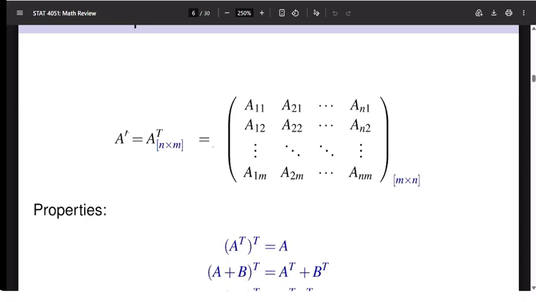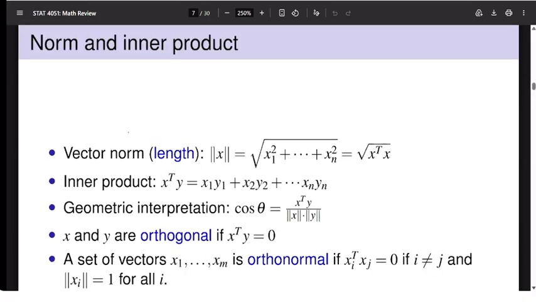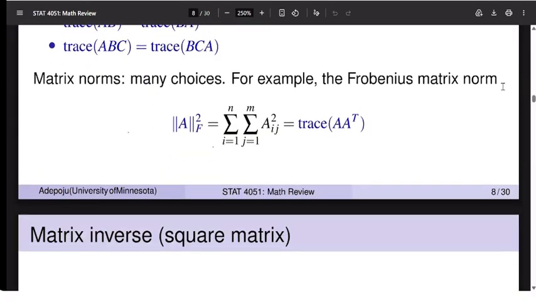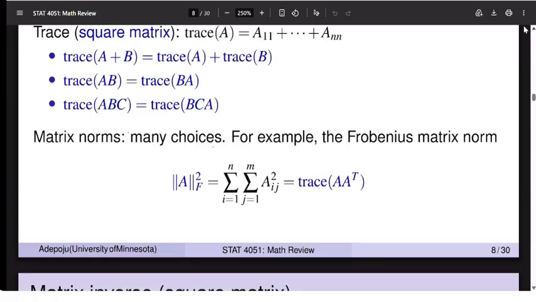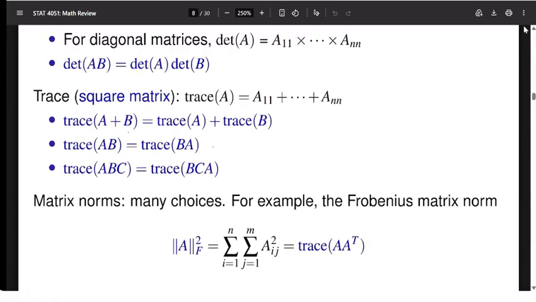Now we've been able to verify that if I have a square matrix, where the numbers of rows and columns are the same, that's what we call a square matrix: 4 by 4, 3 by 3, 5 by 5, and so on.